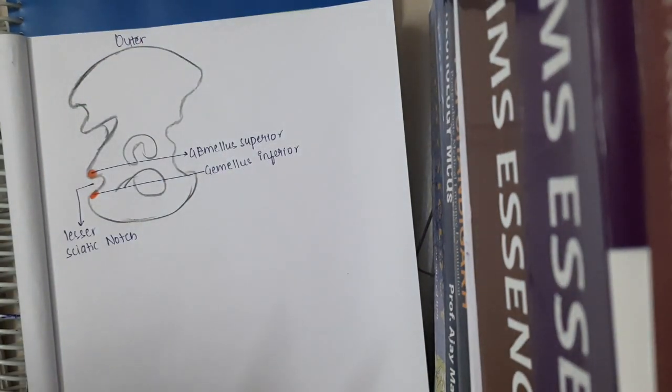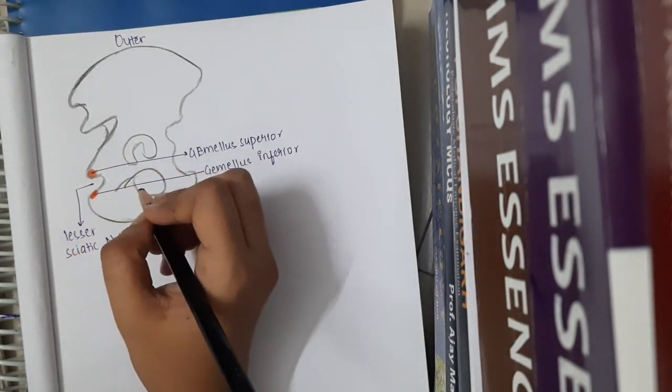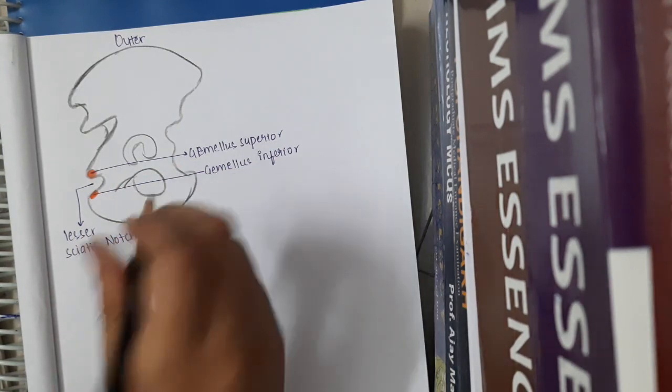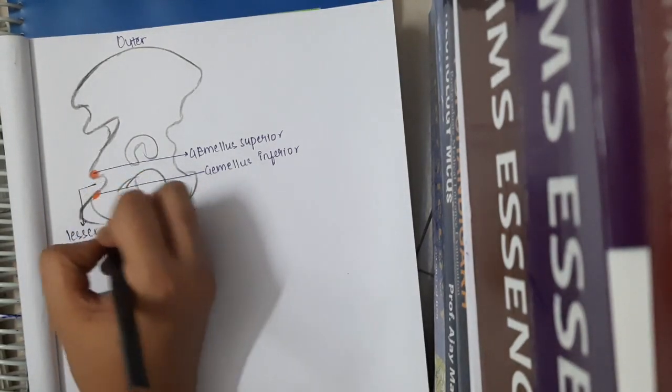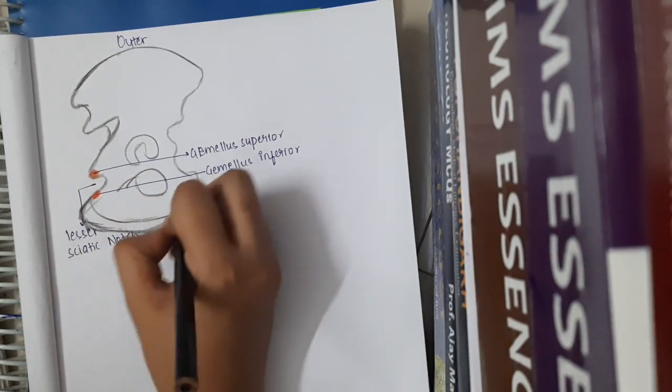Next, it has a lateral margin also. This lateral margin forms the lateral border. This diagram is not good actually, because this should come something like this.